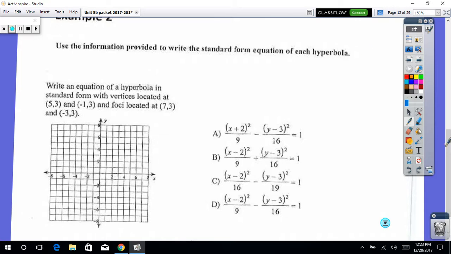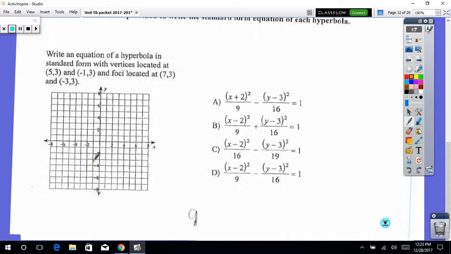Okay, let's look at this guy. Does give us a graph. Write the equation of a hyperbola in standard form with vertices located at 5, 3. So 5, 3 is one side of my parabola, I should say, that goes with my hyperbola. And negative 1, 3.